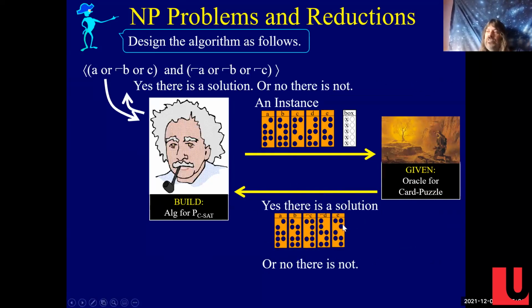I take the oracle's solution and I translate it into a solution to this problem. Right? You following that? So that's the whole idea of an NP reduction. Are people sort of getting that? Any questions about it? Conrad's got it.